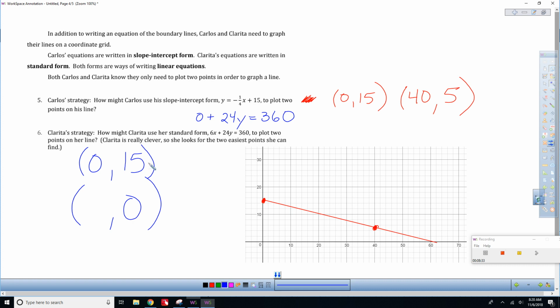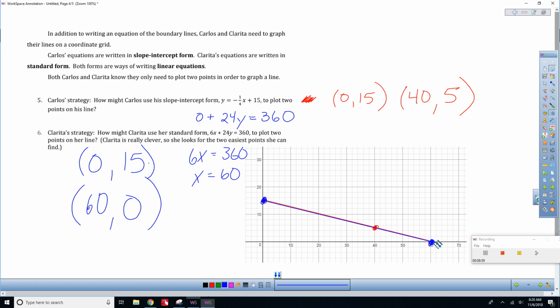Now, if you put in a 0 for y, you get 6x equals 360, and you get x equals 60. Aha! So there is another way we could graph this line. Put on (0, 15) and (60, 0), and that is how you graph a line in standard form.